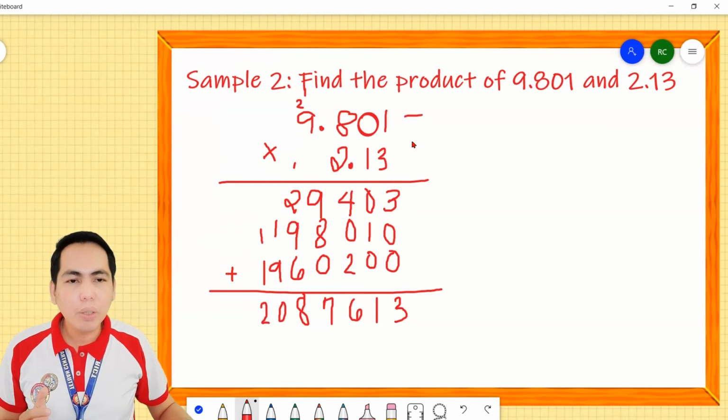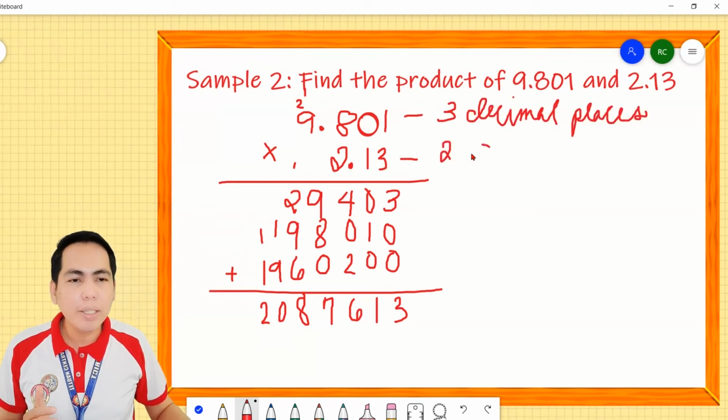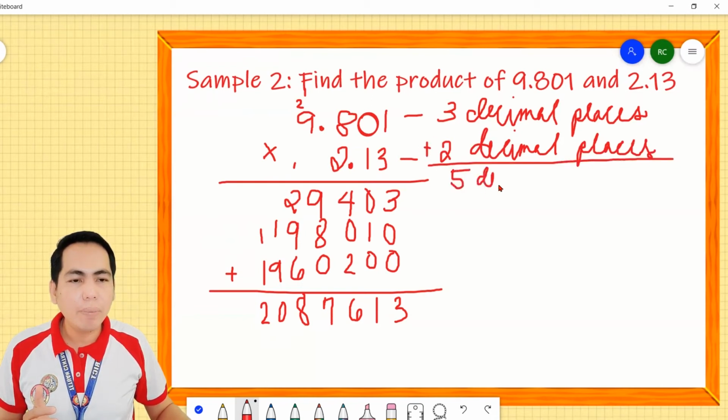After that, we are going to count how many decimal places there are in our factors. So first factor, we have 1, 2, 3. There are 3 decimal places. Second factor, 1, 2. There are 2 decimal places. So all in all, 3 plus 2 will give us 5 decimal places. So in other words, there are 5 decimal places in our factors.